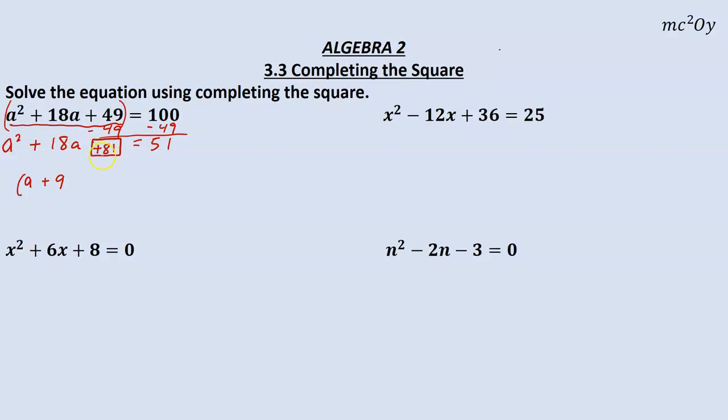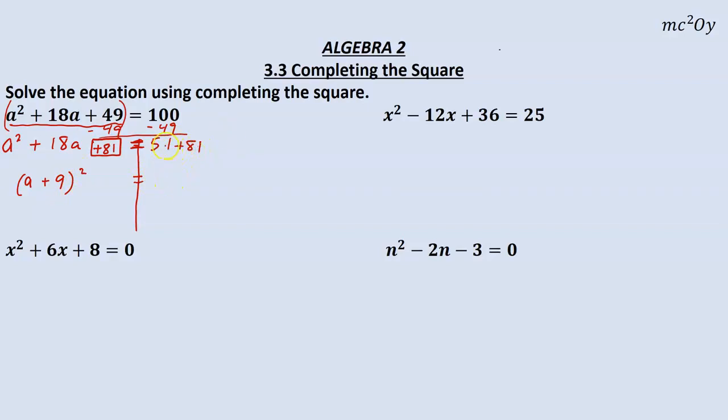Now, I added 81 here, and since I'm in an equation, whatever I do to one side, I have to do to the other. So I'm going to have to add 81 on this side as well. Okay, so I end up with a plus 9 quantity squared is equal to 51 plus 81.